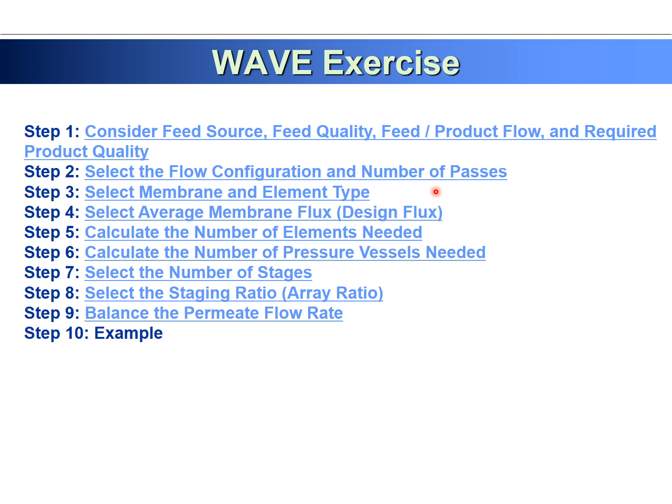Step 4 is to select average membrane flux, the design flux. Step 5, calculate the number of elements, calculate the number of pressure vessels needed, and select the number of stages and the staging ratio.